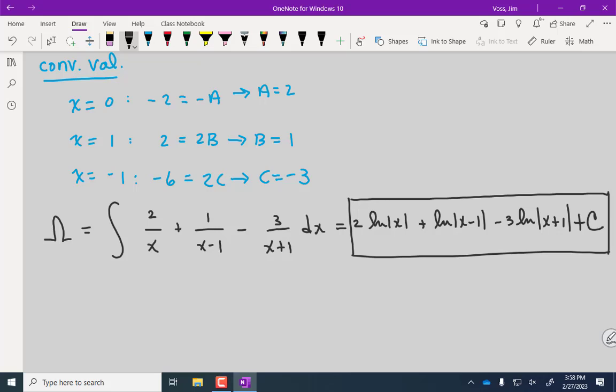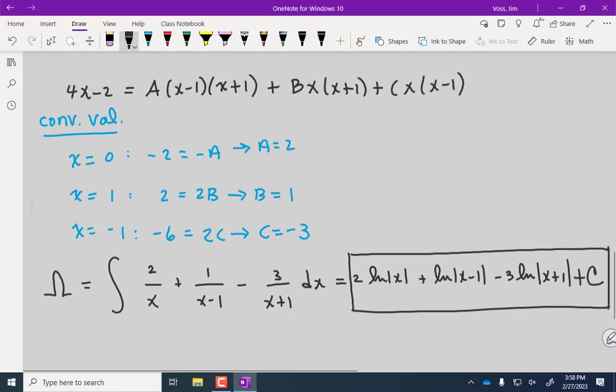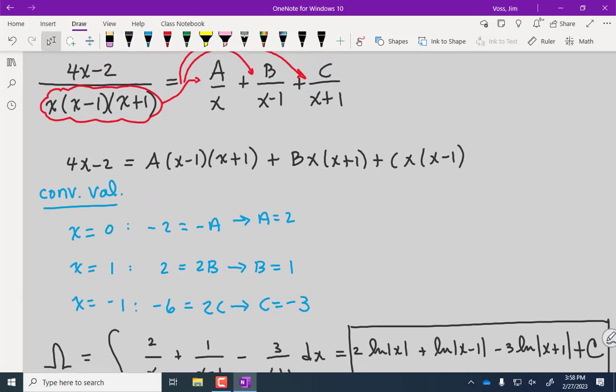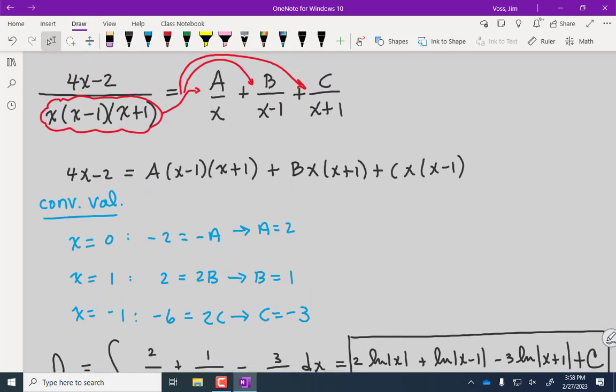Question? Will you scroll up real quick? Yeah, sure. Can you explain how we know what to multiply with, like A and B? Right here, we multiply both sides by this denominator. So when this denominator multiplies to this fraction, that x and that x cancel, leaving us with those two.